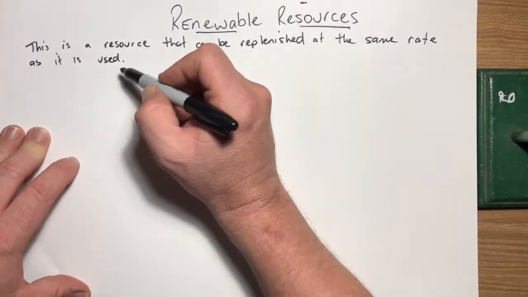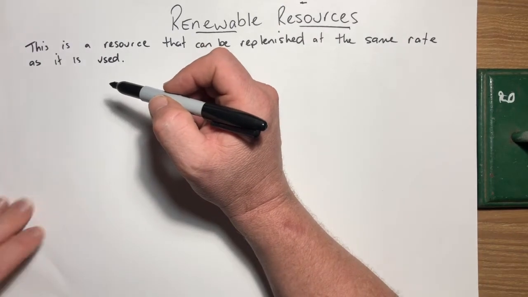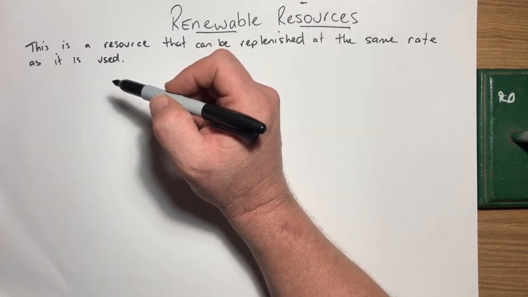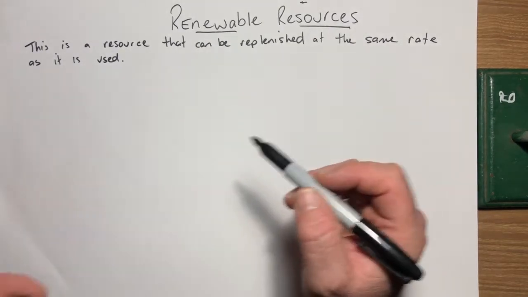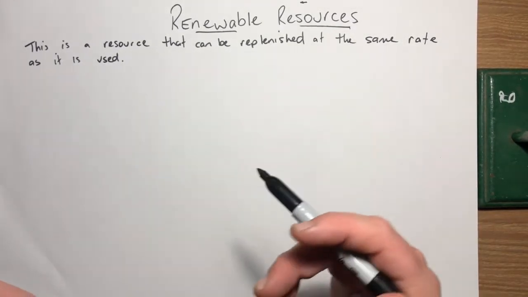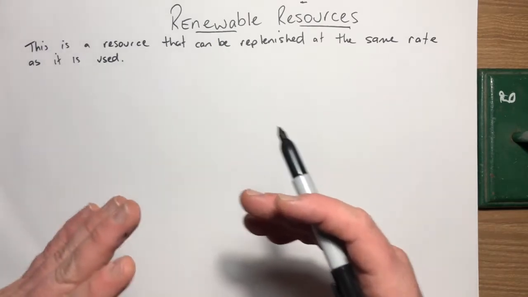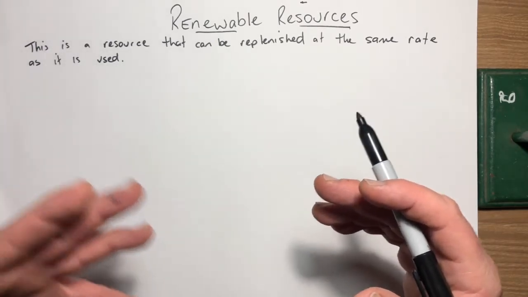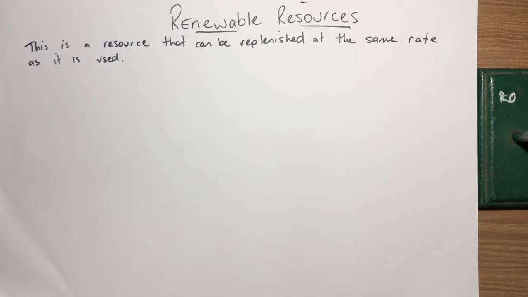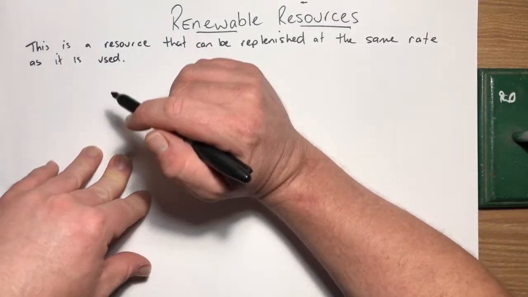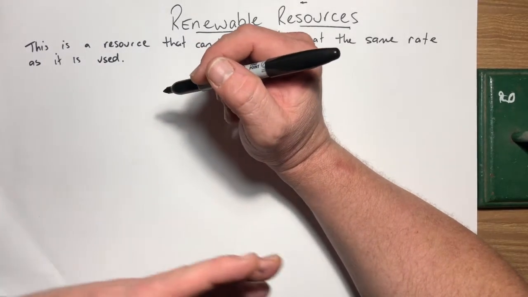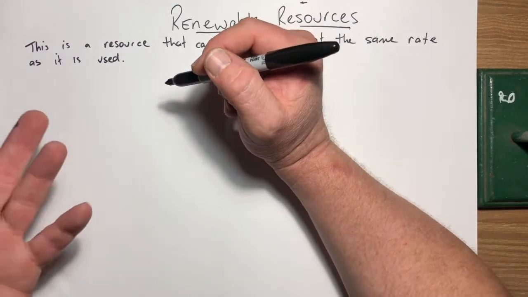Okay, so when we're thinking about this, we're really thinking about energy at the moment. However, the renewable resources can refer to anything such as anything we use to cycle things within the earth, or it could be used for things that we use to survive, like air, food, water, etc.